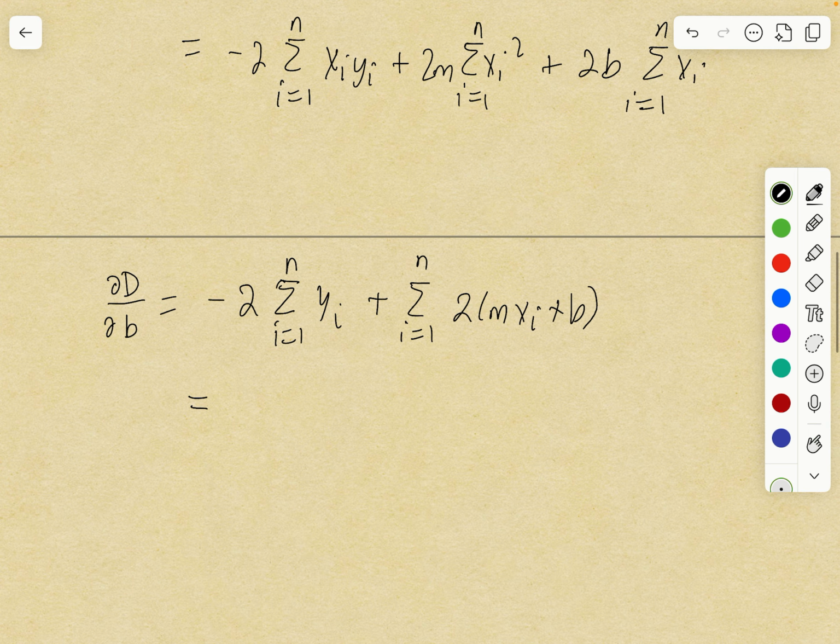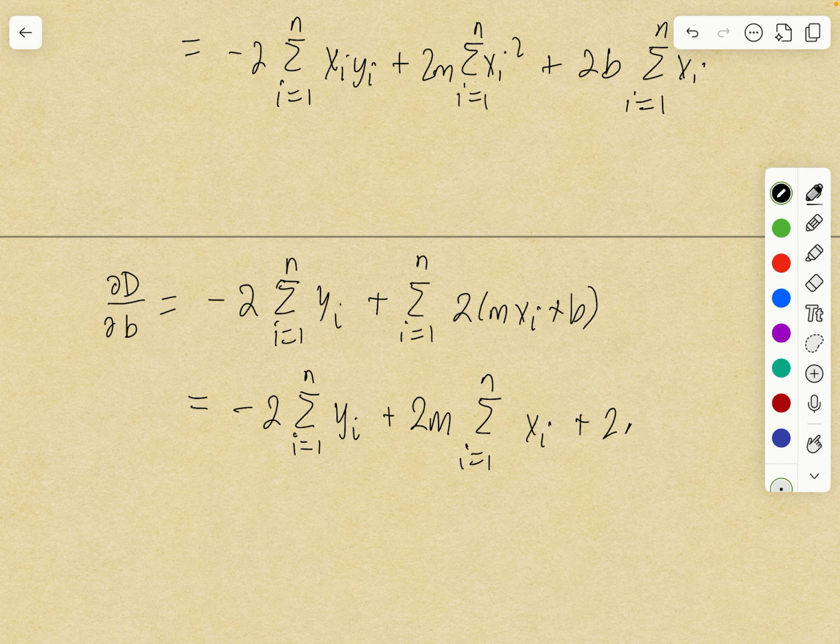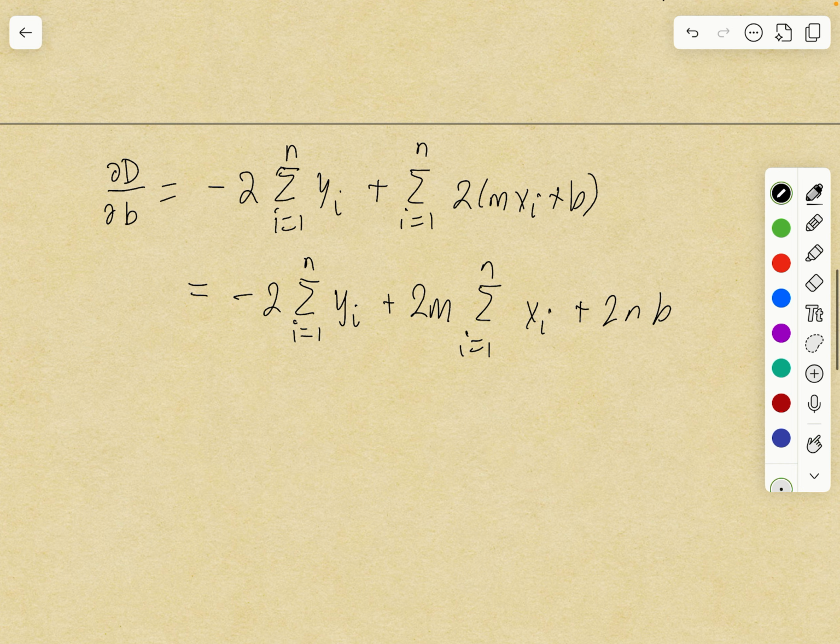And then that's going to be negative 2 times the sum from i equals 1 to n of yi plus 2m times the sum from i equals 1 to n of xi plus 2nb. So now we set each of these partial derivatives equal to 0.